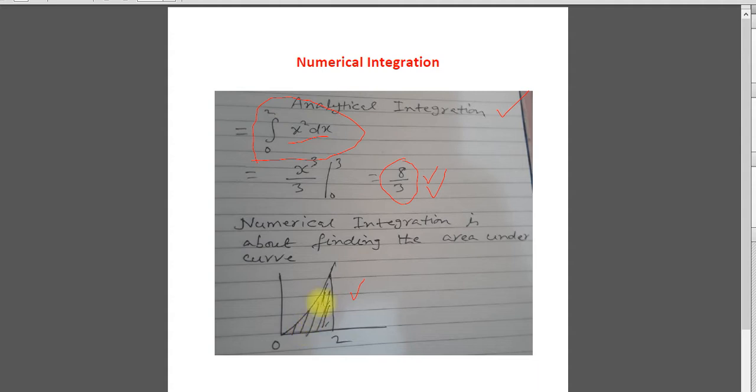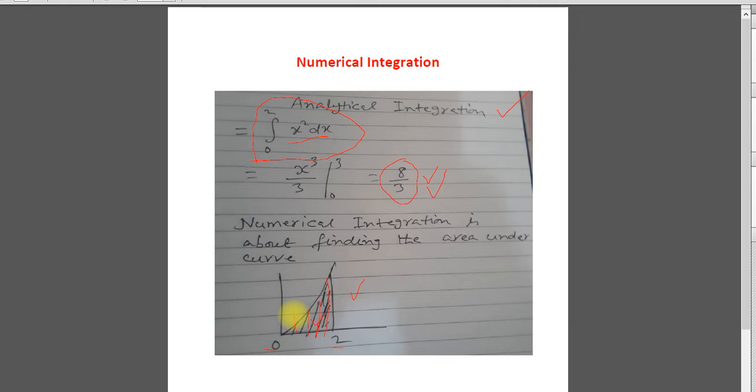You can find this area by different numerical techniques. Basically you divide the interval 0 to 2 into many sub-intervals, and then try to calculate the area under the curve, or integral value.